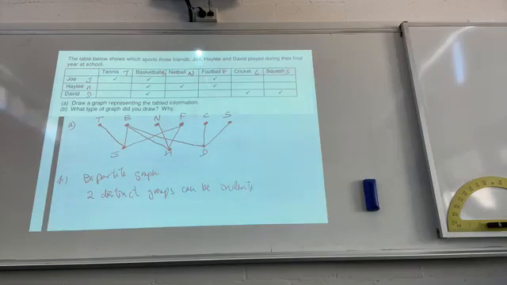Identify the groups are sports and friends. Not complete, but 2 distinct groups, bipartite. So that's how you could justify it. Think about a question like this.